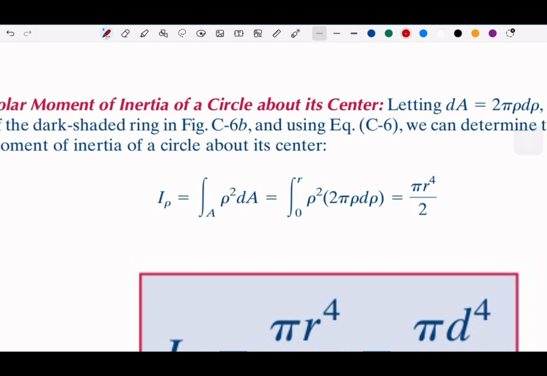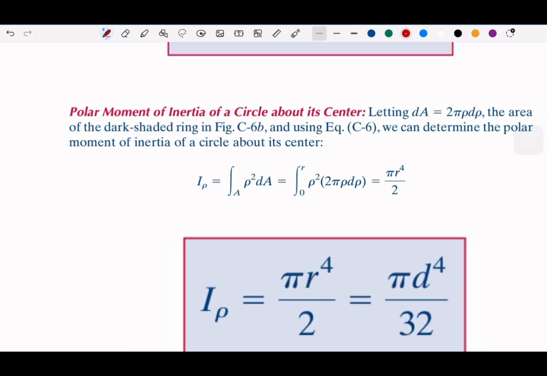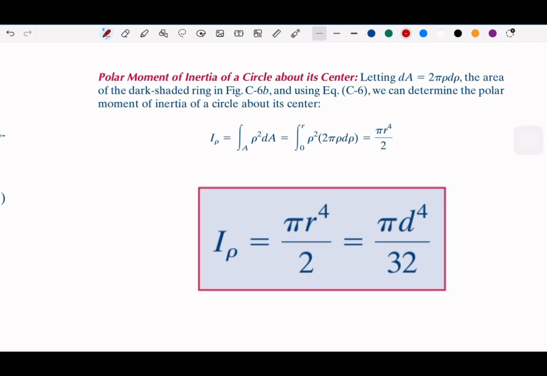So this will be dA, and we now change to rho. We are going to integrate rho cubed. We get rho to the power of 4 over 4, and then we cancel, it's over 2, and this will be r to the power of 4. So we could have that as our polar moment, or if we're using the diameter, we could just change r with the diameter.